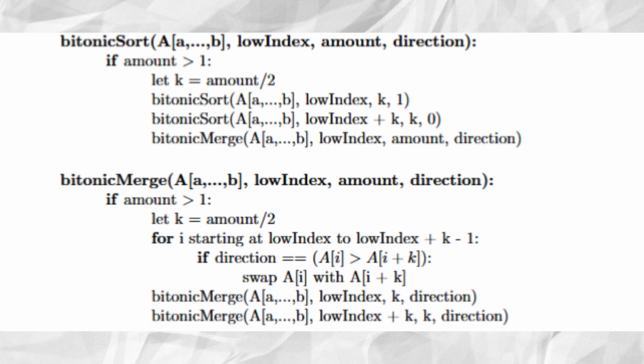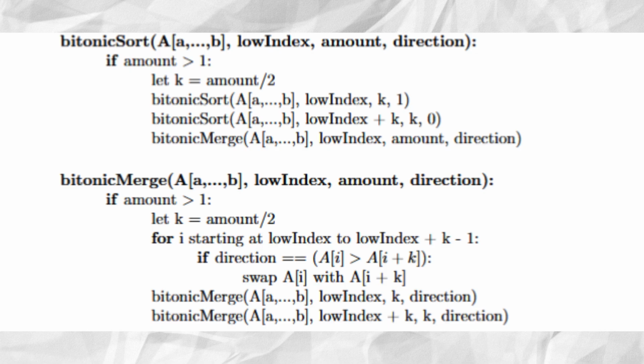This is where the partner in crime, Bitonic Merge, jumps into action. Bitonic Merge functions a lot like Bitonic Sort. It also wants to recurse down through the array by slowly dividing it till it hits a base case of 1, but it also has another goal in mind.